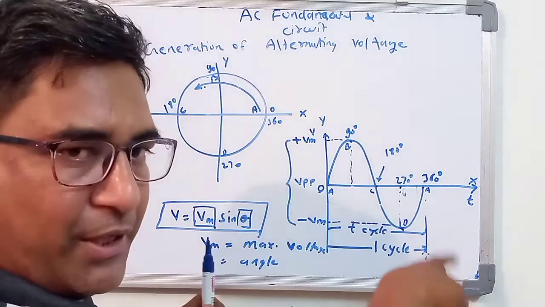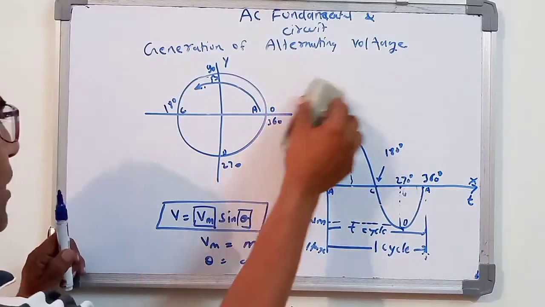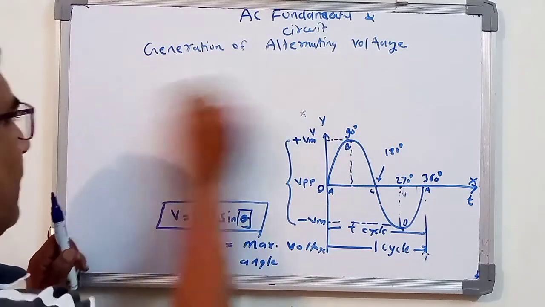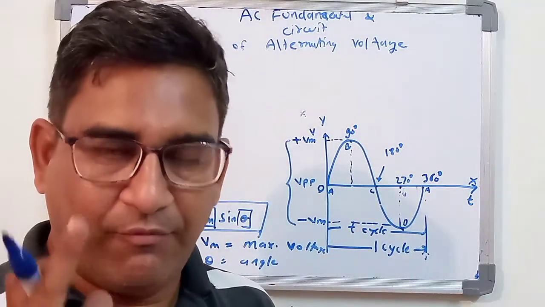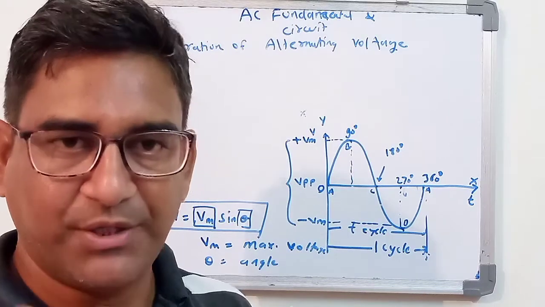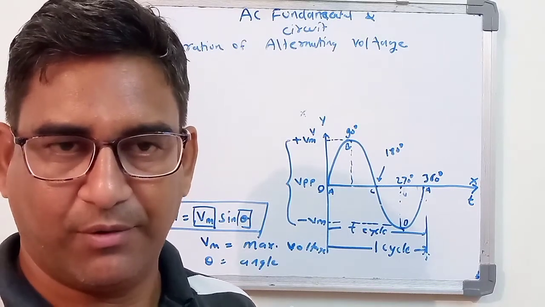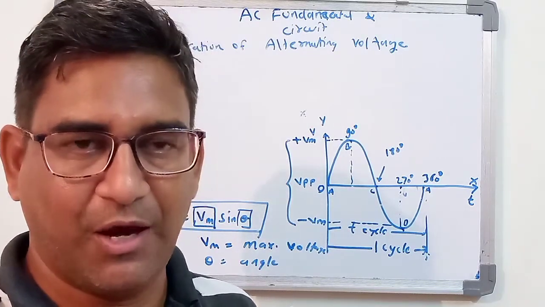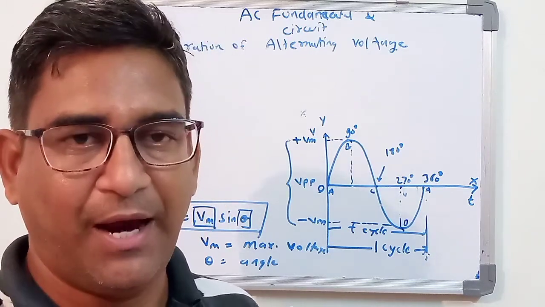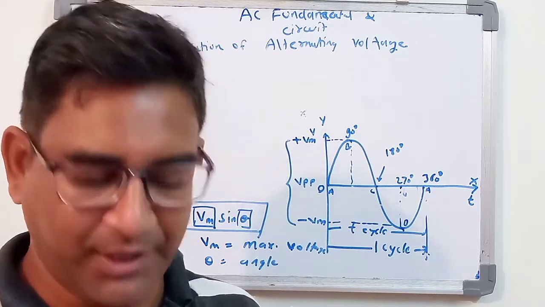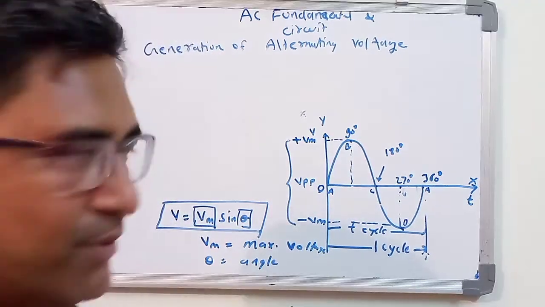Positive to negative, and from negative to positive. Now, for a 1/2 cycle, how much degree will we find? For a quarter cycle, how much degree? For a 3/4 cycle, how much degree? And for one complete cycle, how much degree? That we will see.